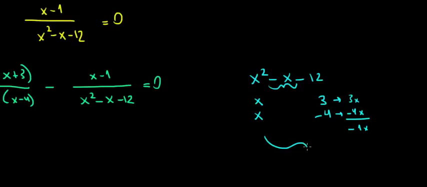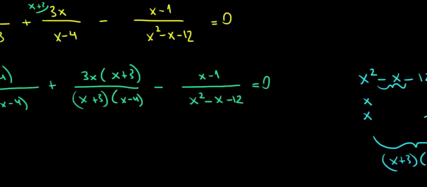Which means that as a result, our x squared minus x minus 12 can be written as x plus 3 times x minus 4.